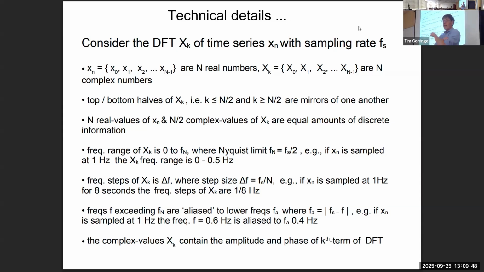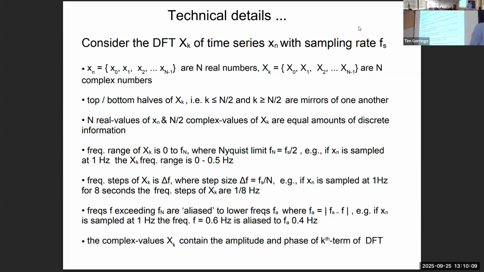The imaginary part actually tells you about the phase of that frequency in the data. I mean, the phase could be different. The crests or the troughs of the sine wave could be at a different location. So the imaginary part of the complex number tells you about the phase. There's information about the phase.